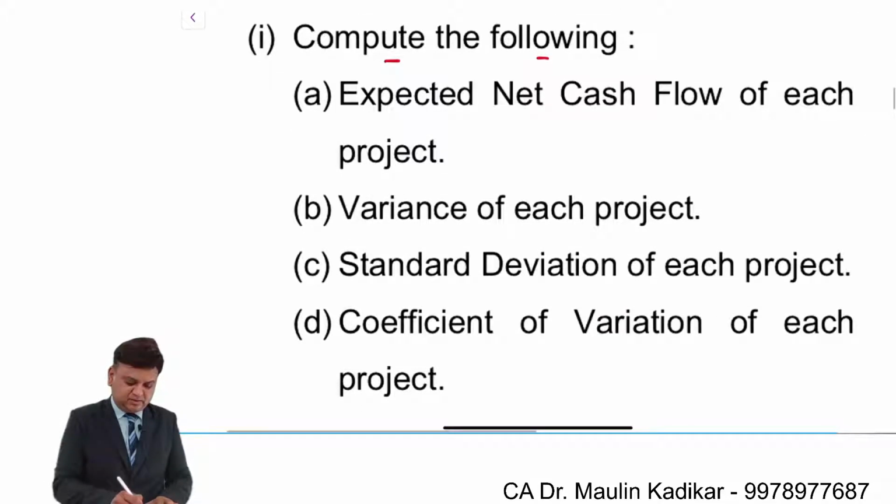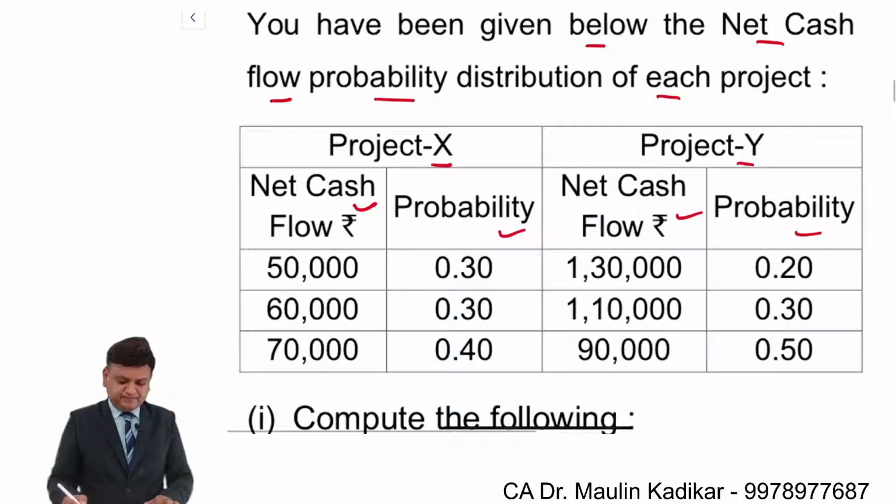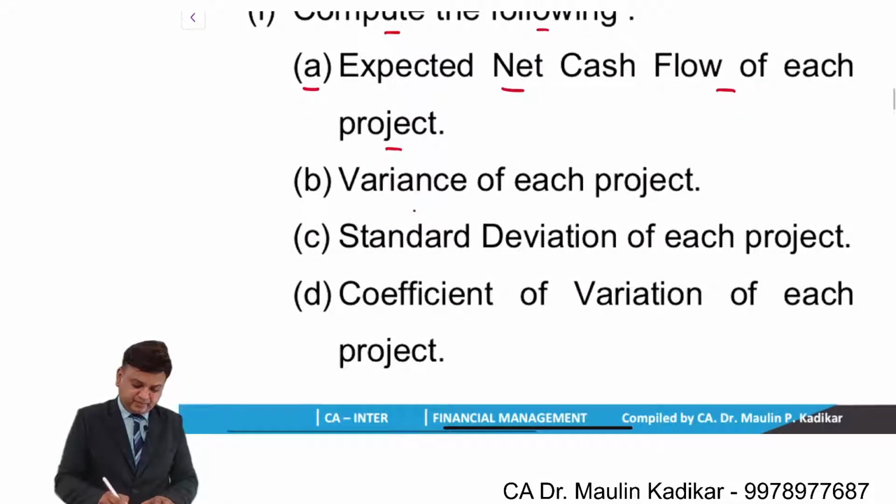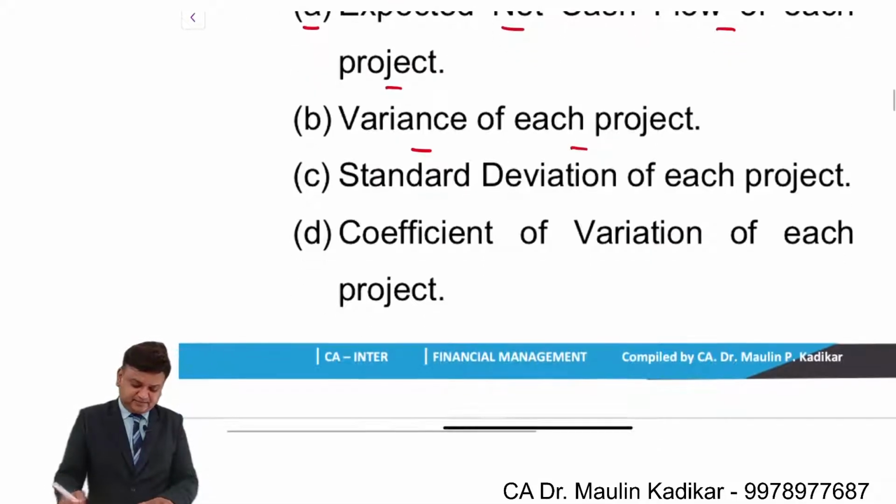Compute the following. A. Expected net cash flows for each of the project. So we are required to compute the expected cash flow for project X and expected cash flow for project Y. Variance of each project. So along with the expected value, we are required to find the variance. Standard deviation.